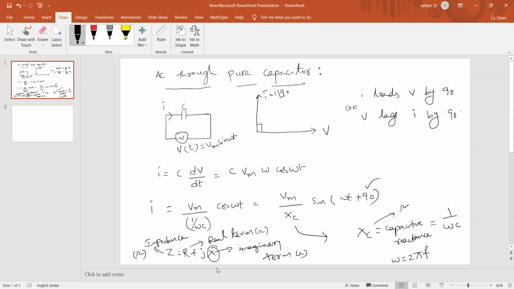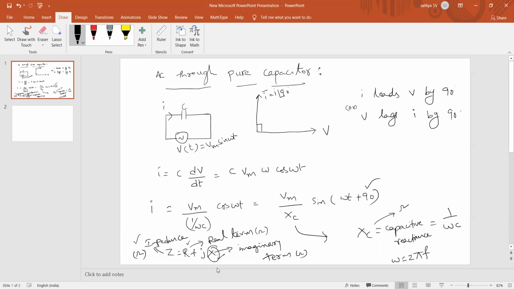The property of resistance is to oppose the flow of current. Similarly, the property of X is also to oppose the flow of current. So therefore, the property of impedance is also to oppose the flow of current. Here the only difference is one is a real term, another one is an imaginary term. The final one is the complex term, that is Z. Understood now?